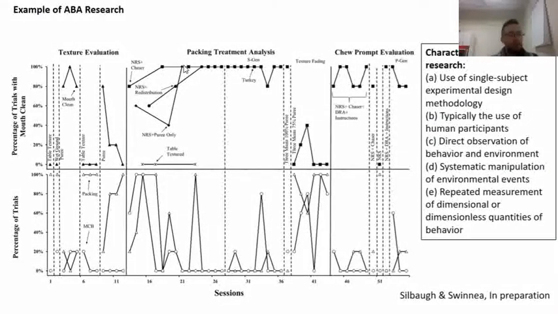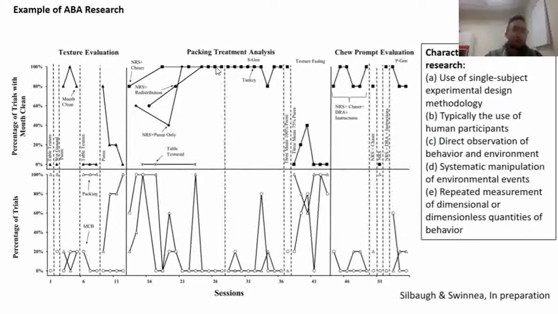And as we continued to run sessions, we observed mouth clean in 100% of trials for several consecutive sessions, suggesting that one or more of these different treatment components reduced packing and increased mouth clean.